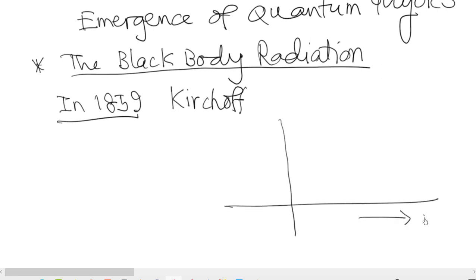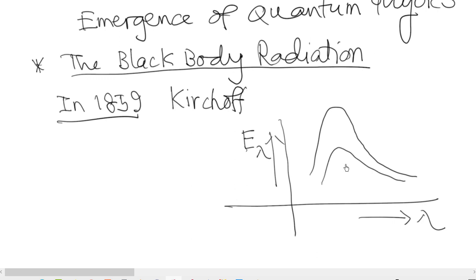Along this direction is the wavelength lambda, along this direction is the spectral energy density E lambda, and this is temperature T1, this is for temperature T2, and this is for temperature T3, where T1 is greater than T2 is greater than T3.